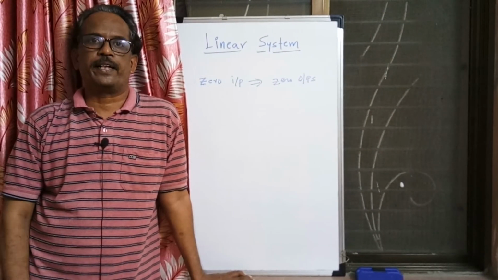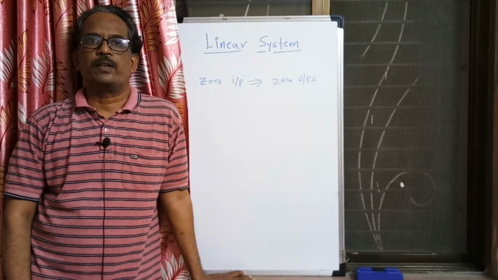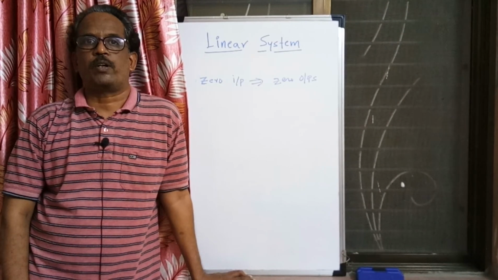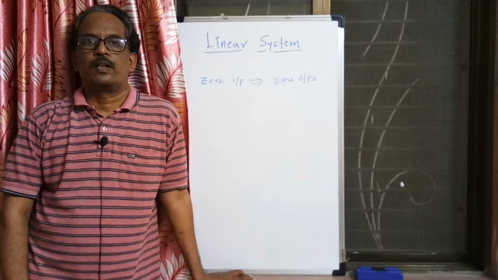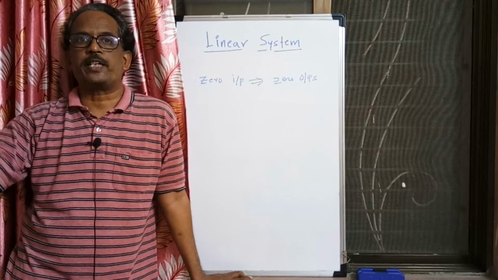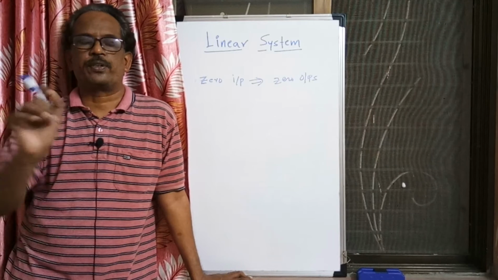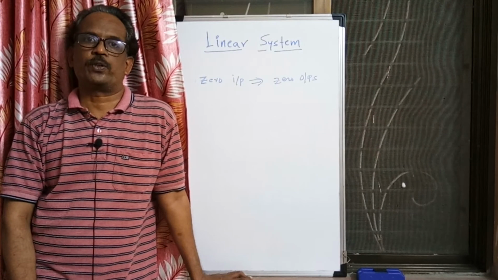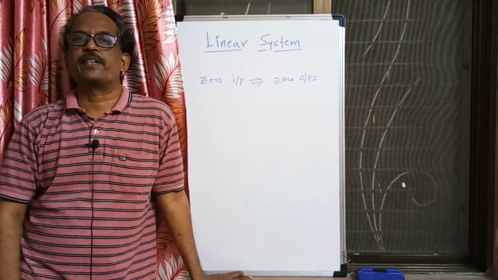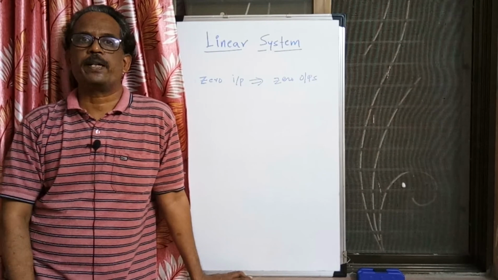Here what I said is that the system will not be a candidate for a linear system satisfying the linearity property if you just test for x[n] equal to 0 and the output is not 0. Then we can say straight away that the system will not be linear.